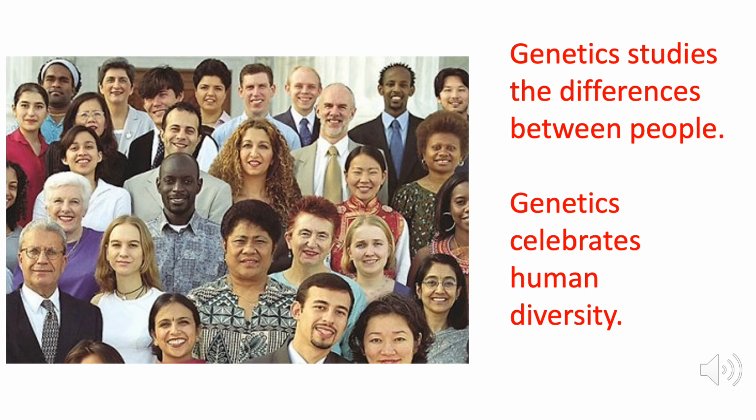Human genetics can only study differences between people. So this course will concentrate on the 0.1% of the genome that shows differences between us. We call these differences genetic variation.